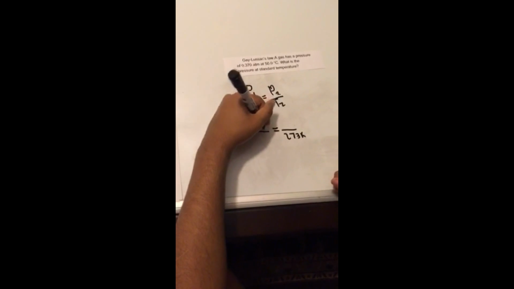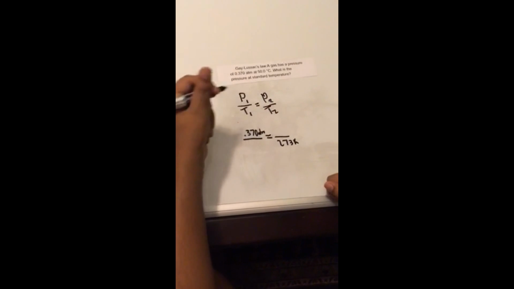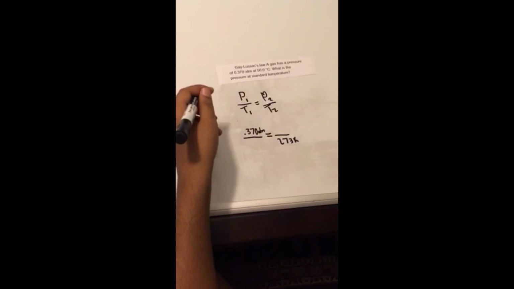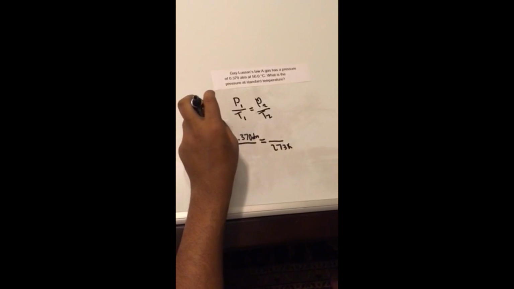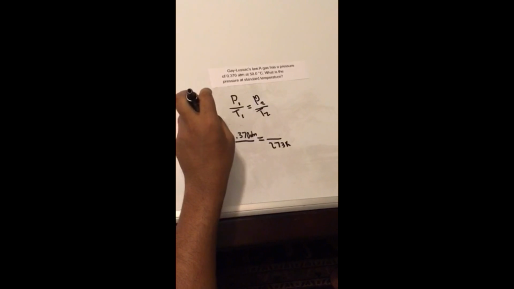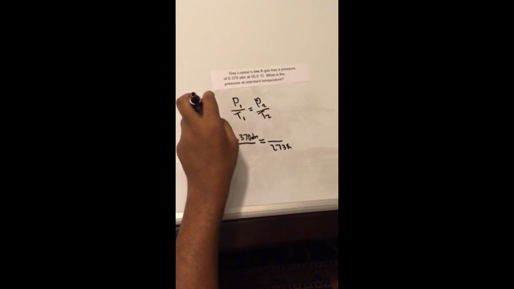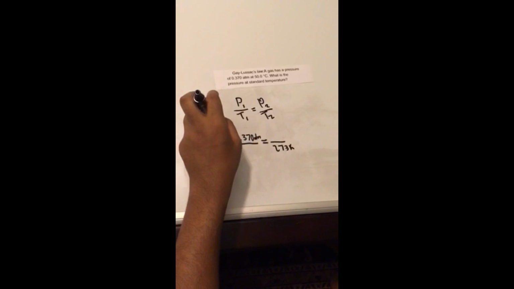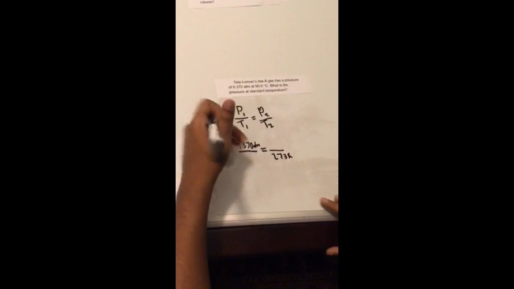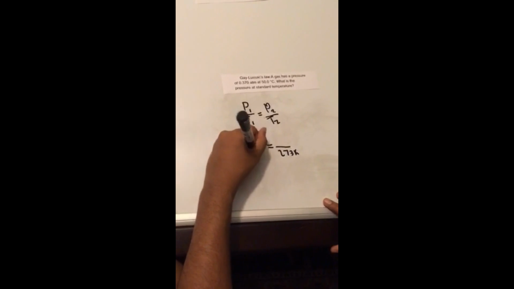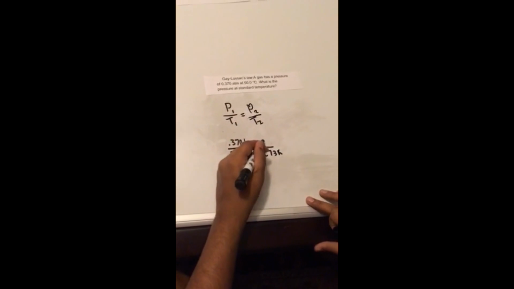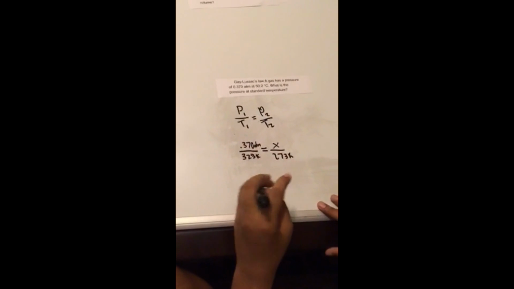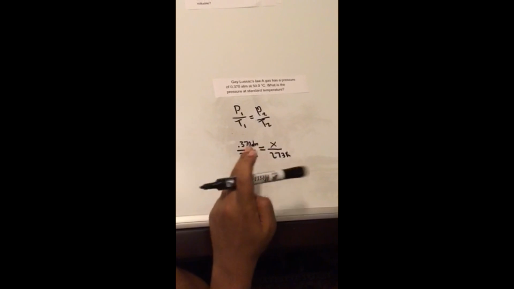So we have 0.370 atm, and we have to add 273 to 50 so we can get our Kelvin, 323 Kelvin. And now we put an X for our P2 because we're trying to find our pressure.